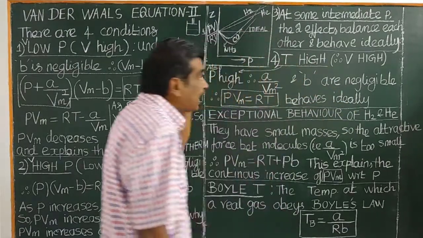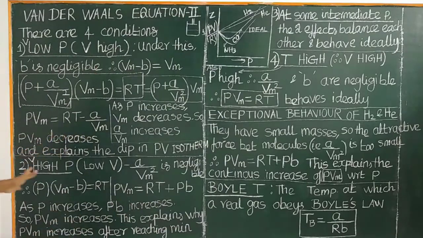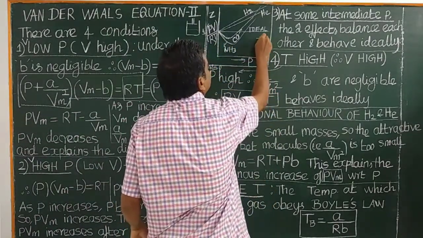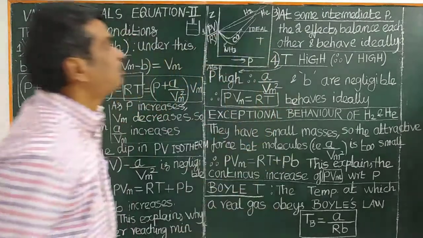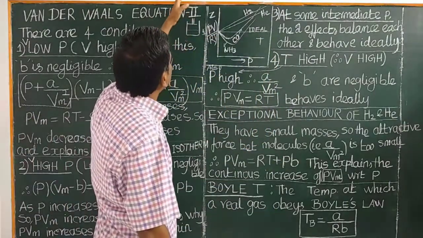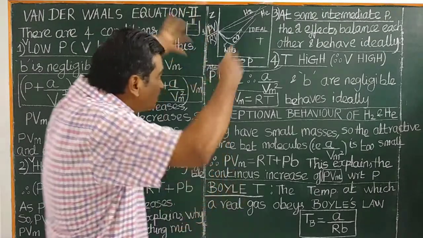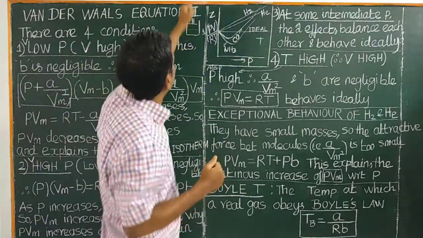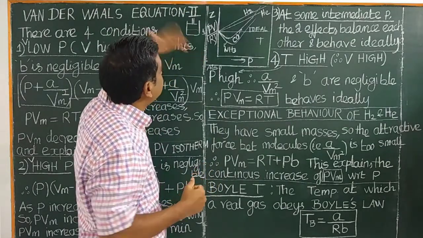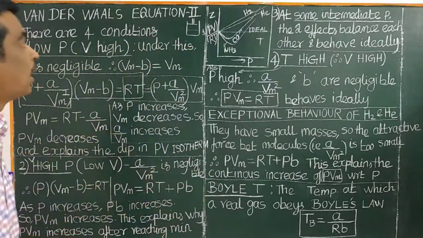Now, what is the next condition? At high temperature. We have the isotherm, which is recorded at fixed temperature. Now, at very high temperature, when you increase the temperature, the pressure will increase. The piston will move up when you heat. The kinetic energy of the gas molecules increases.